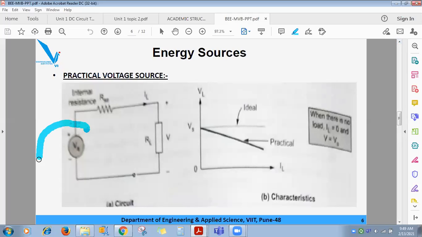Upper one is positive, lower one is negative. In series with it, some resistance is there. Practically, it is not possible to design an ideal voltage source. Whatever voltage source you design, it always has its internal resistance, and that is always connected in series.